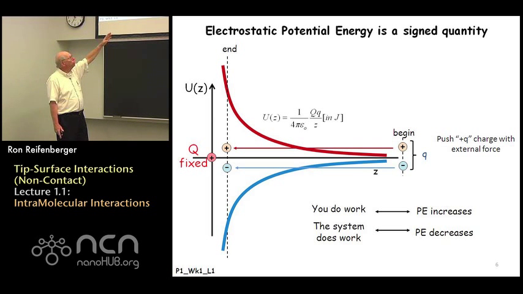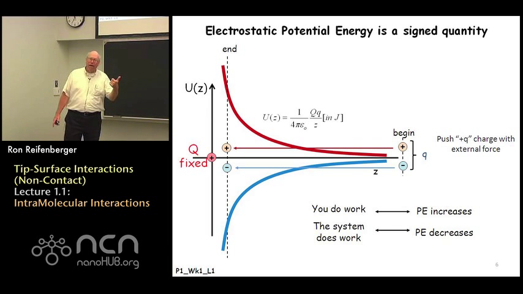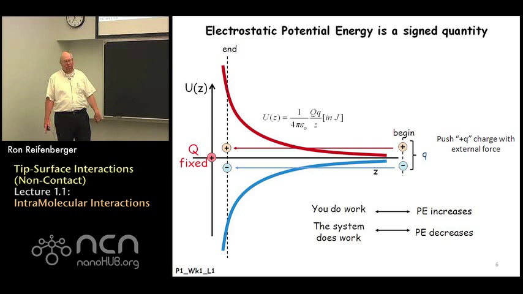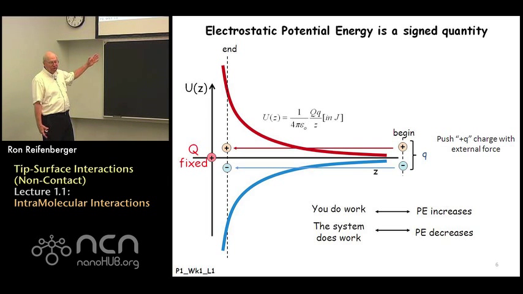Then I have two movable charges located far away to the far right in this diagram. These two movable charges have opposite polarities, plus q and minus q. What we'd like to do is consider the motion of each charge in turn and see how the electrostatic potential energy varies as we move it closer to the fixed charge capital Q.